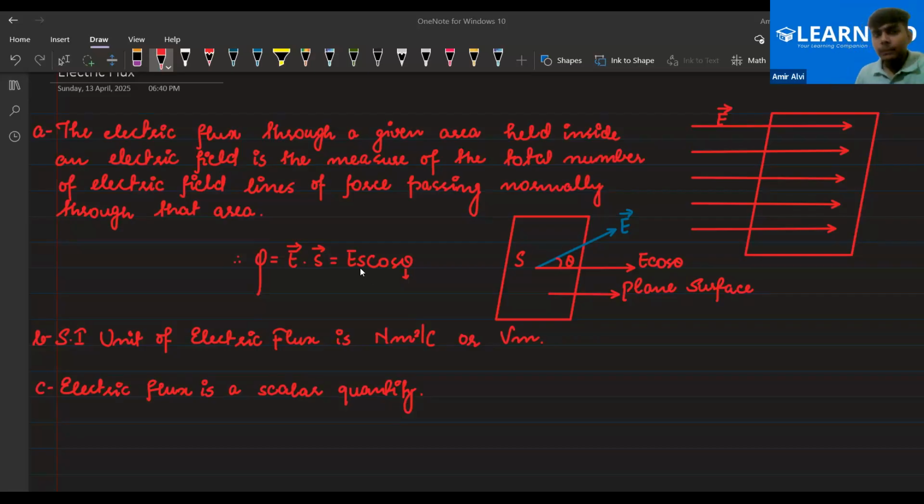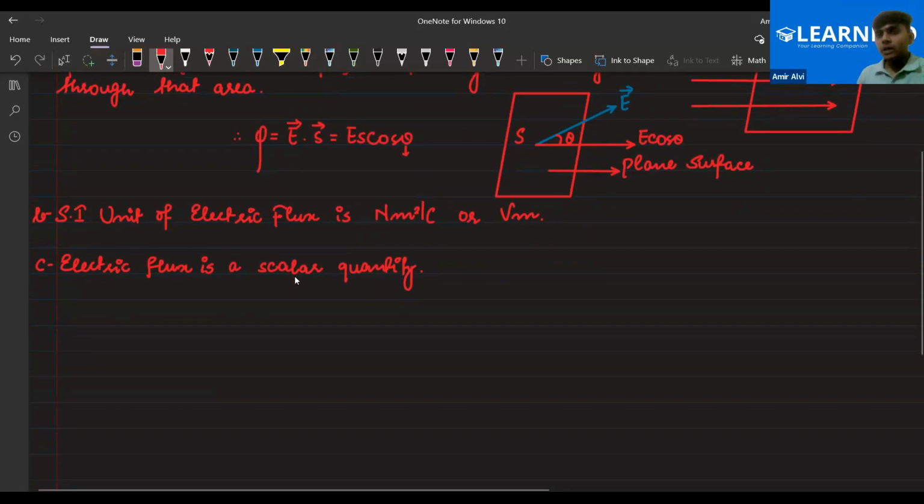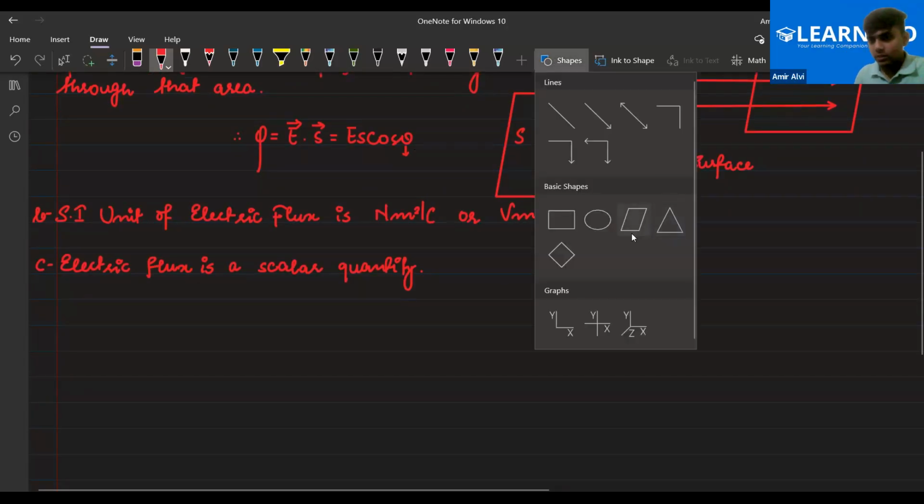So this was for the plane surface. Now suppose you have a curved surface like this. Just give me a second.